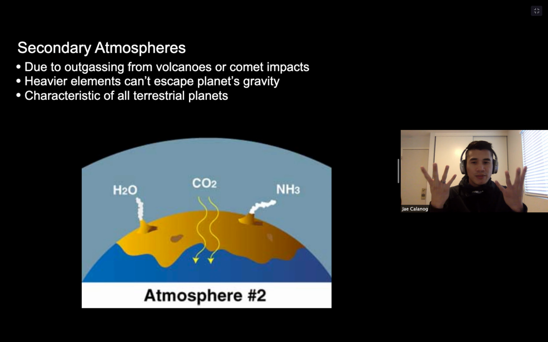You have outgassing from volcanoes, and you also have impacts from comets on the Earth's surface, which release water. The molecules found in a secondary atmosphere are much heavier than hydrogen and helium, so they're less likely to escape the planet's gravity, even at high temperatures. So if a terrestrial planet does have some sort of atmosphere, it will be a secondary atmosphere. Another example of that is Venus, by the way.